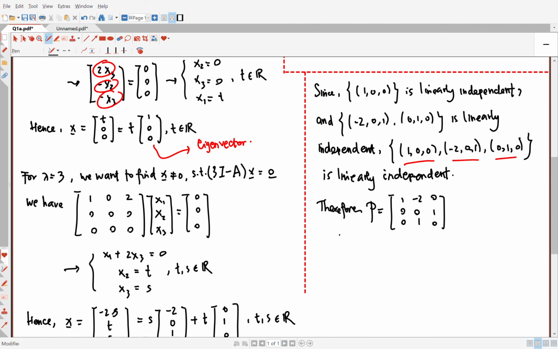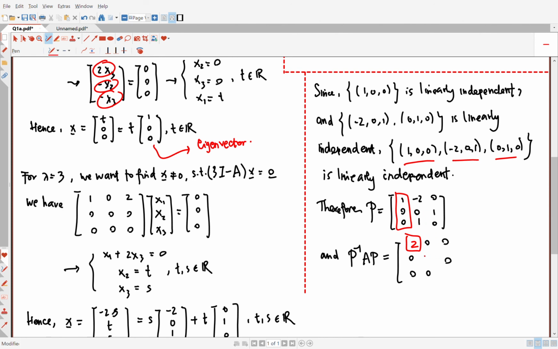By using this P, P inverse AP will be a diagonal matrix, and the diagonal entries, for this one, is the eigenvalue of this eigenvector, so it is 2 here.